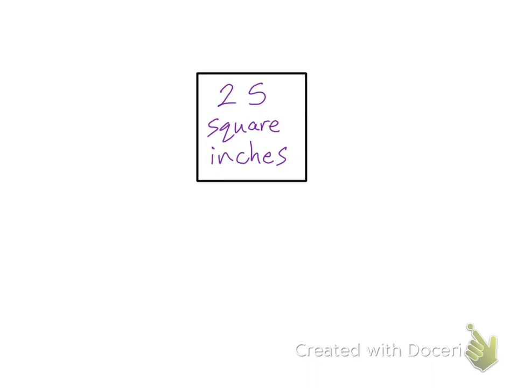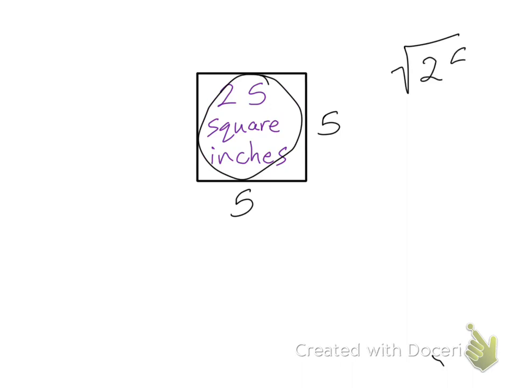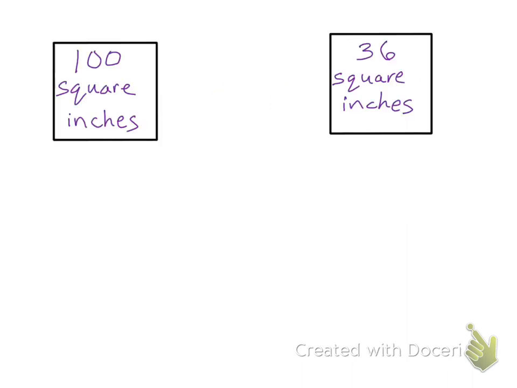All right, well, let's say I have a square and it's 25 square inches. I'll know the length of each side equals 5 inches because the length of the side equals the square root of the area in the middle. Okay, so if my square has 100 square inches in it, I would do the square root of 100, which equals 10.